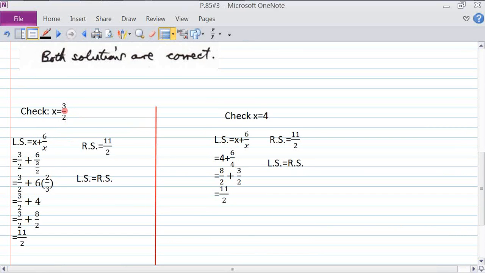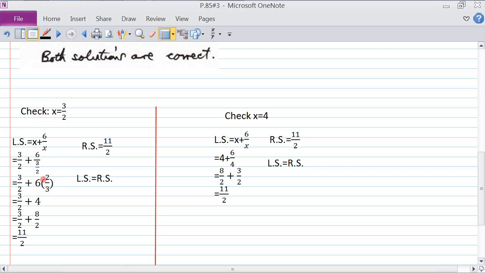Here I've put 3/2 into the left side. I've got 6 over 3/2, which is the same as 6 multiplied by 2/3. So I just flipped this over and multiplied: 6 divided by 3/2 is 6 multiplied by its reciprocal 2/3.